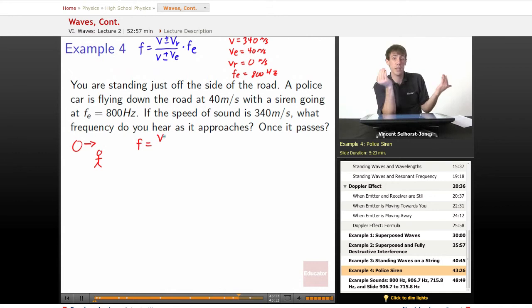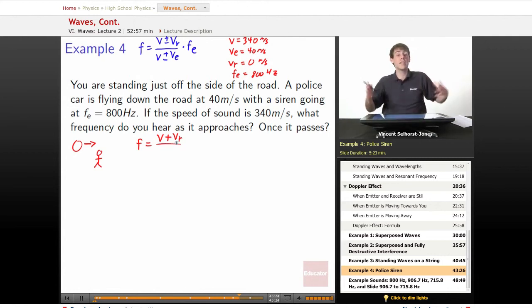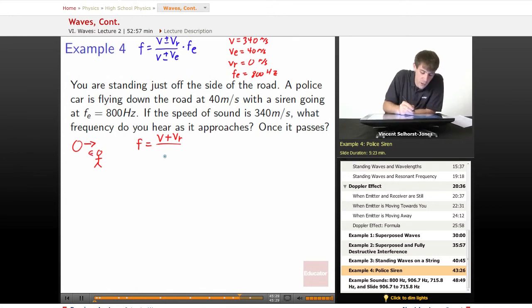It's going to go up because the two objects are moving towards one another. So it's v plus v receiver, because you're increasing it as you move towards those wave fronts, divided by v plus or minus.